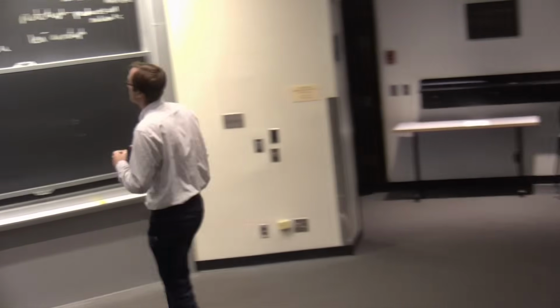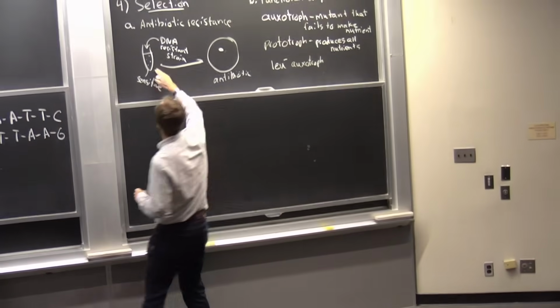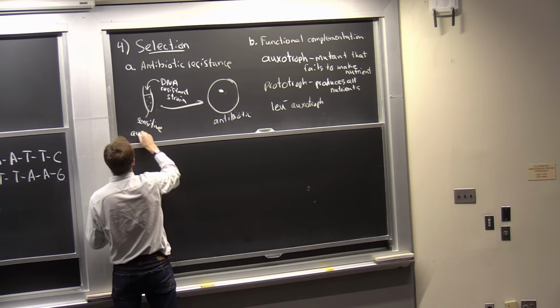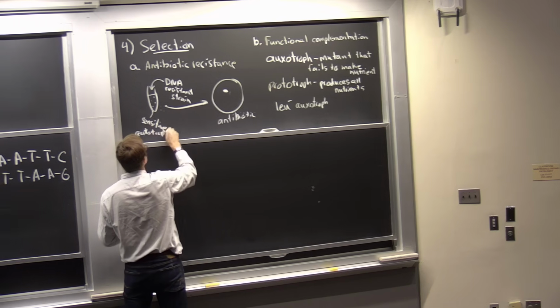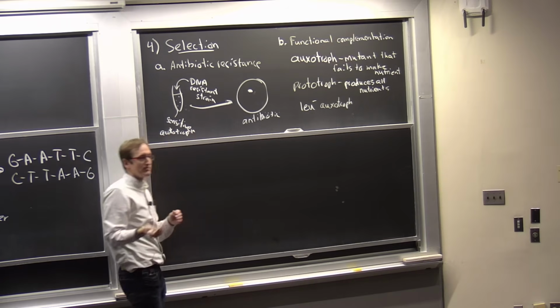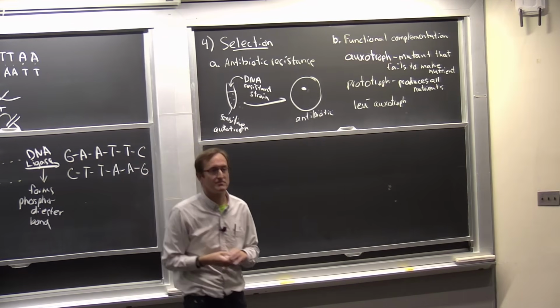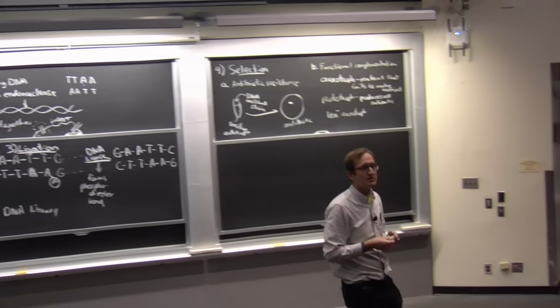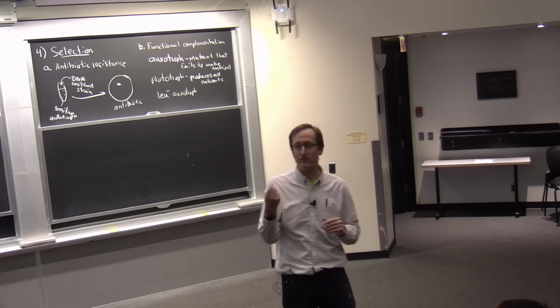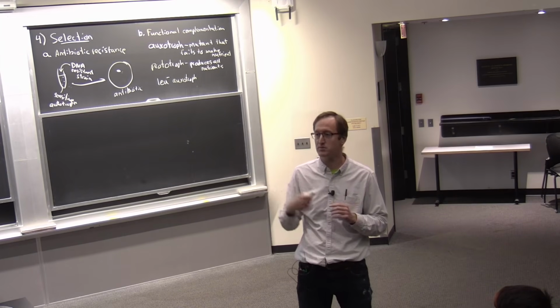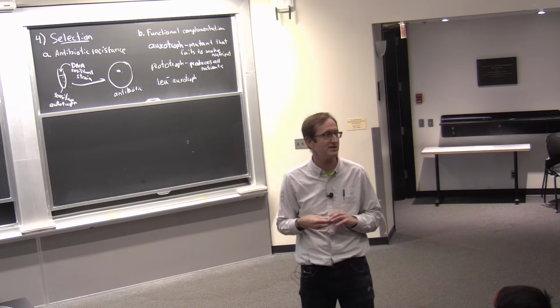You'd perform a similar strategy to this one, where you'd have your auxotroph that you're transforming. So your auxotroph down here, and you would transform that strain with DNA from what organism? If you're trying to identify the functional gene, what organism would you use to produce the DNA you're going to transform into that organism?